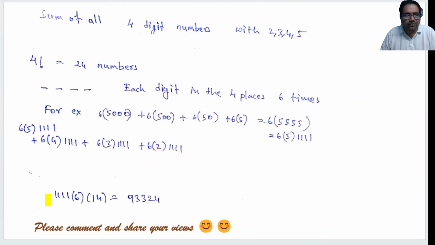The total is 1111 times 6 times (5 plus 4 plus 3 plus 2, which is 14). So the total is 93,324, the sum of all these 24 numbers formed by these four digits.